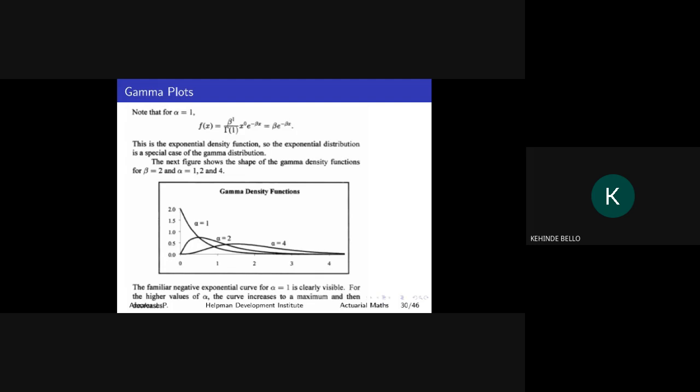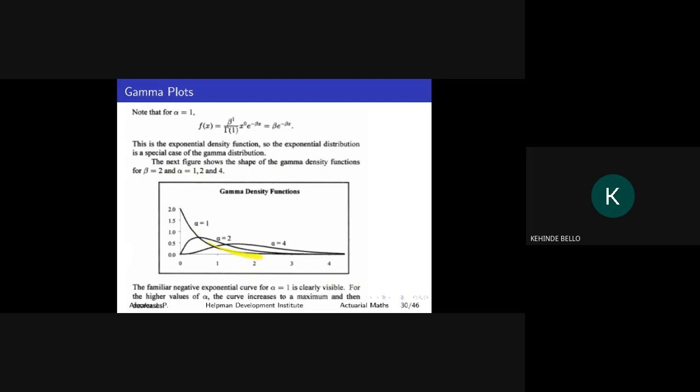This is the exponential density function. So here is the plot of the gamma distribution. As we can see, this first distribution at alpha equals 1, or initially we used k, gives us the plot of the exponential distribution.